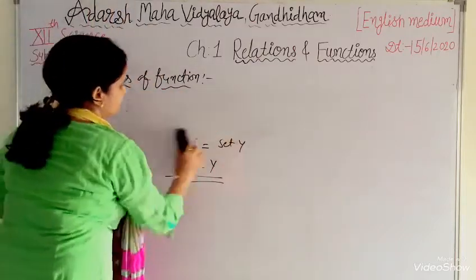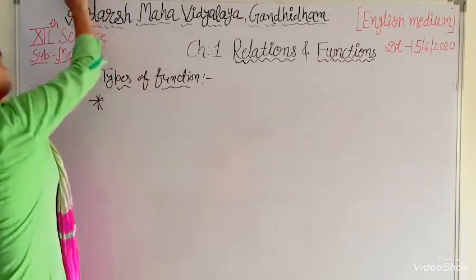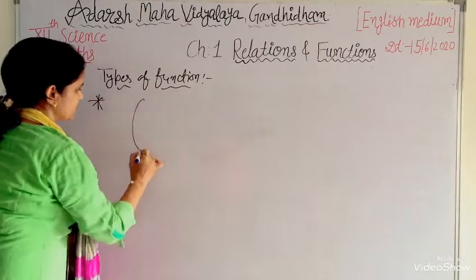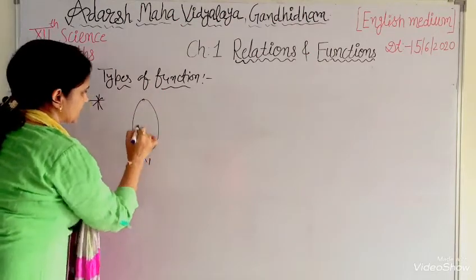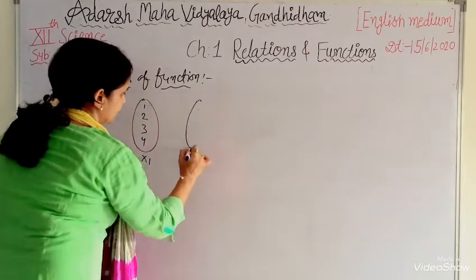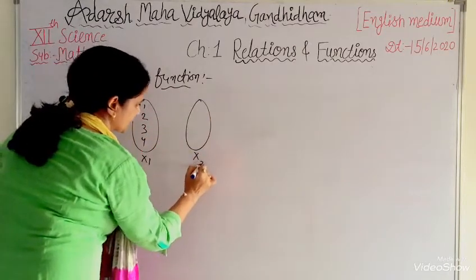Now by the Venn diagram, these three types of function. First, let, student, it is the set X1 with elements 1, 2, 3, 4. It's set X2.